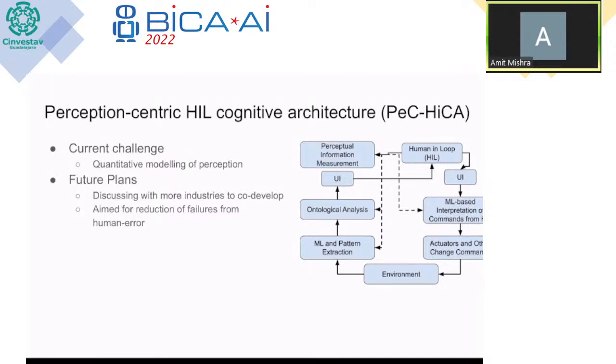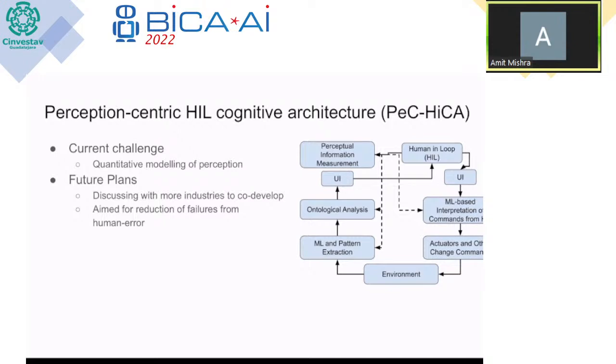And in terms of implementation, we foresee that this kind of architecture will have a lot of use in industrial automation. So, just like the group in Sweden, we are also talking and open to collaborative approaches where we are talking to different industries to see if we can co-develop this architecture for some industries.